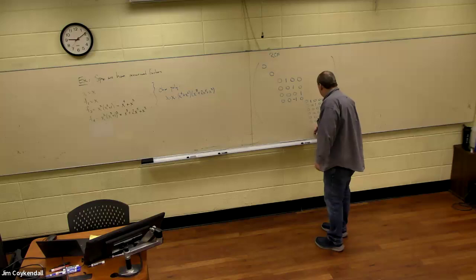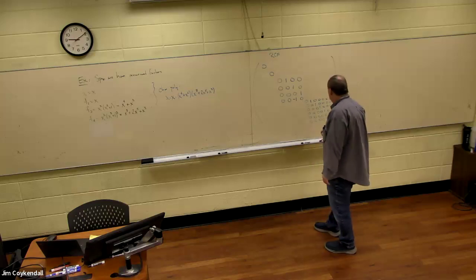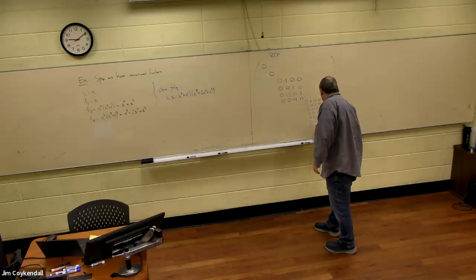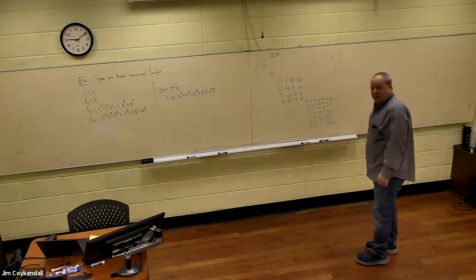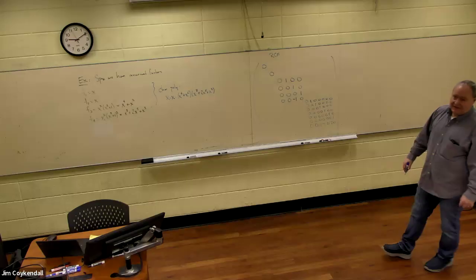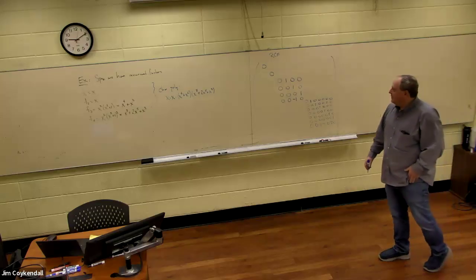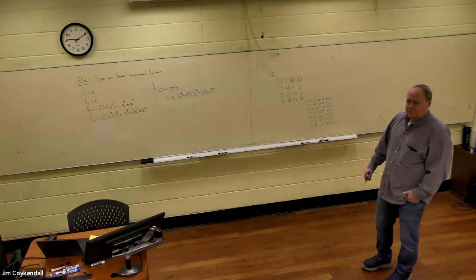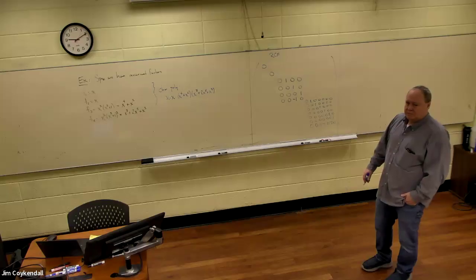And finally, I get the coefficients: constant, linear, quadratic, cubic, 4th degree, 5th degree, 6th degree. There we go. The rational canonical form will be that. Everybody okay with it?